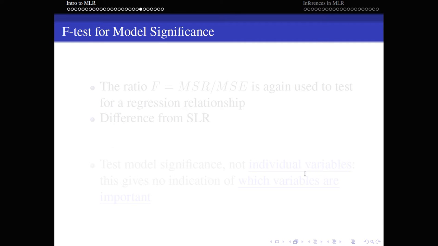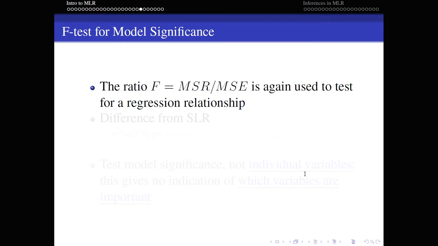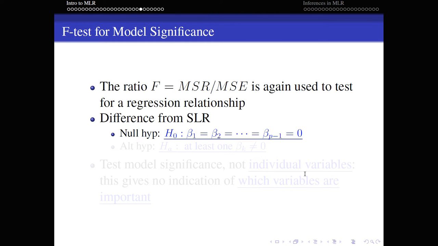Just like before, we can implement the F-test for model significance, and again, the general linear F-test is one of the most useful tests that you have. Here we have the mean squared regression divided by the mean squared error. The difference from simple linear regression is in what we're testing.